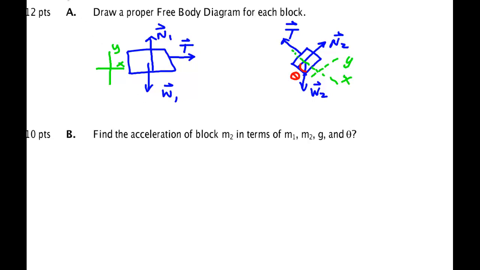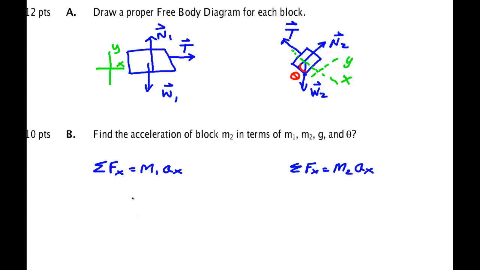So all they're asking me to do is to solve for a. From this free body diagram, I have the sum of the forces in X equal to the mass of this block, M1, times ax. And for this one over here, the sum of the forces in X is the mass of that block, m2 ax.